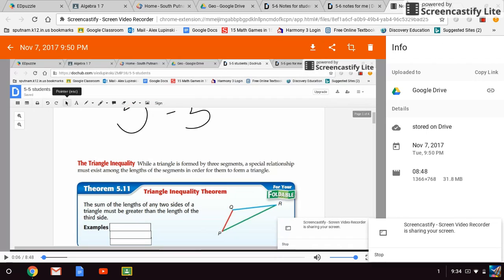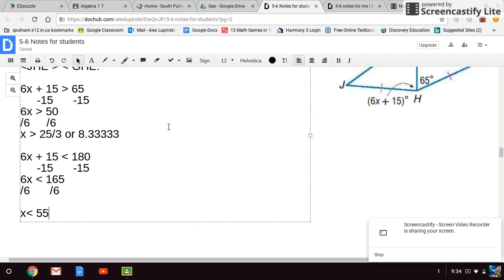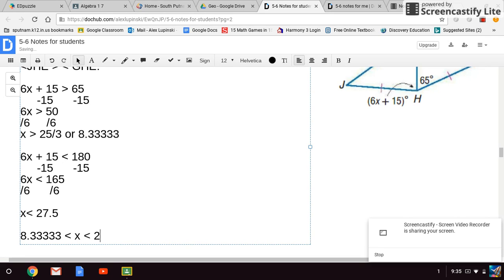Yep. So what this is saying is x is greater than 25 over 3, or 8.33, and less than 27.5. So we write that as a compound inequality, 8.33 is less than x, which is less than 27.5. And that's our answer. Those are kind of harder. That's probably the hard part of the section.